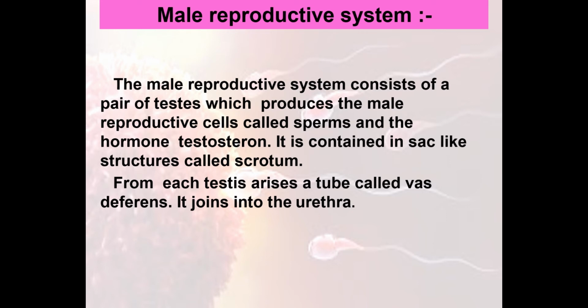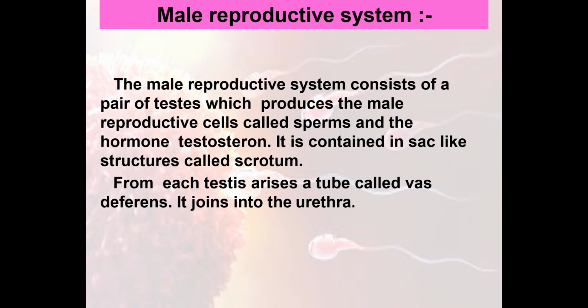Scrotum is extra abdominal. Now sometimes the question is asked, why are testes present in a separate pouch? Why are these not present in the main abdominal cavity? Because the process of sperm maturation needs a slightly lower temperature than the normal body temperature.